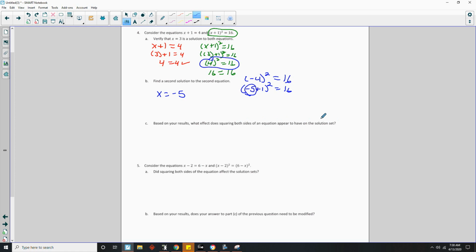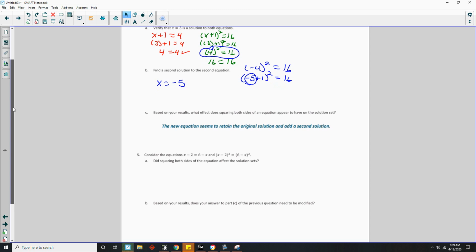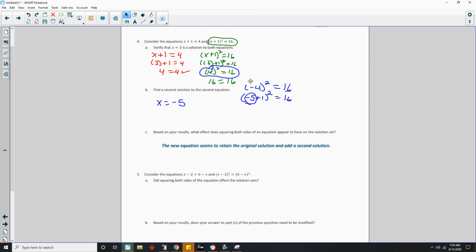Well, if you square both sides, what you do to one side, you do to the other. It doesn't change the solution. So we could say the new equation seems to retain the original solution and add a second solution. So if we squared both sides, then we would have two solutions.